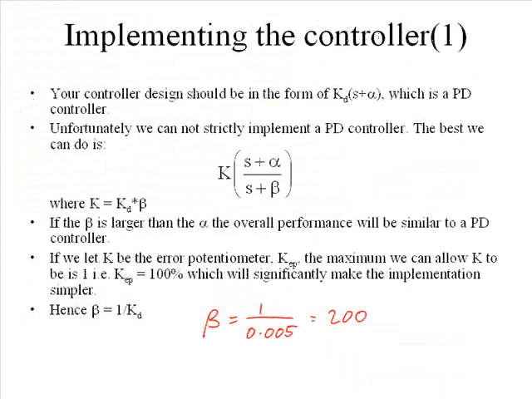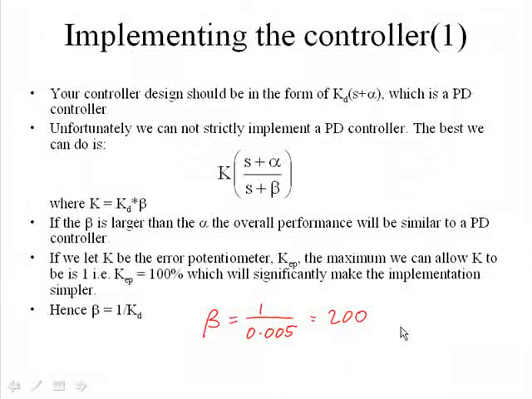So we can now go on to implementing our controller. Unfortunately, a proportional plus derivative controller can't be implemented directly. We effectively cheat. We put in a resistor capacitor network to implement this K into S plus alpha over S plus beta. But we choose the beta in such a way that it's really not going to affect the performance very much.